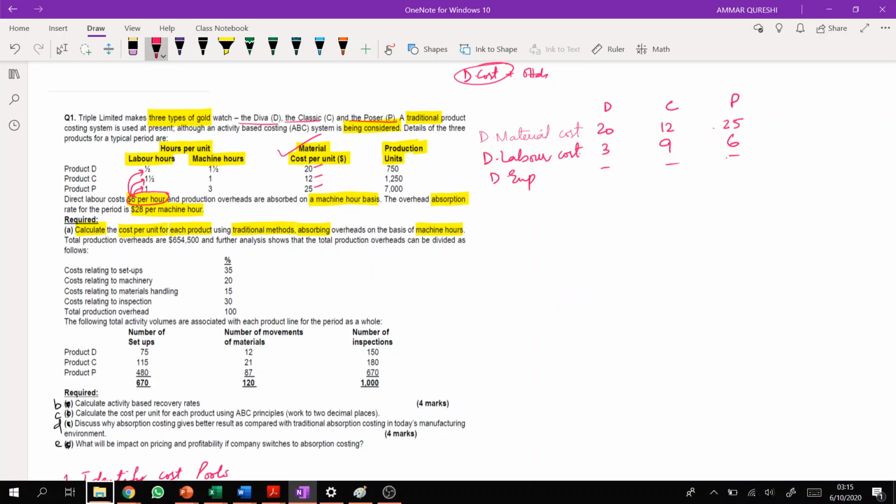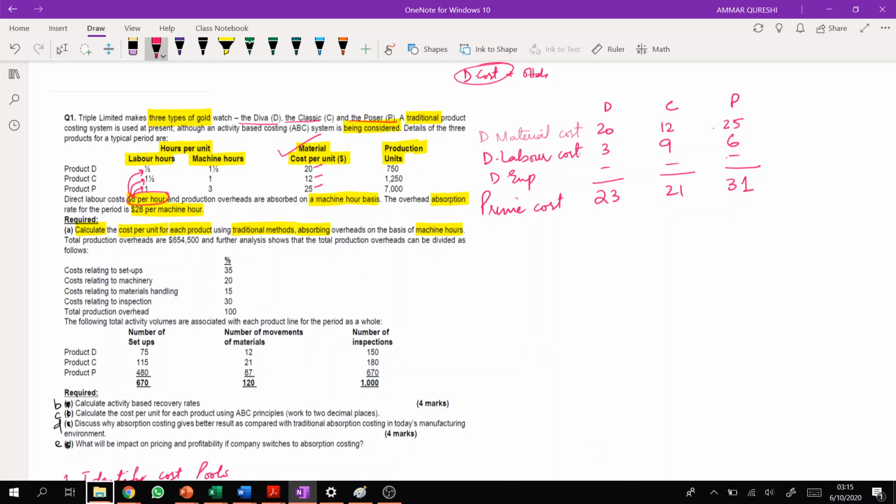I'm just writing it in case the examiner gives you direct expense, then we will include that, right? So this is basically the total of direct cost, or it's better to write prime cost: 23 for the first product, 21 for the second product, and probably 31 for the third product, right?